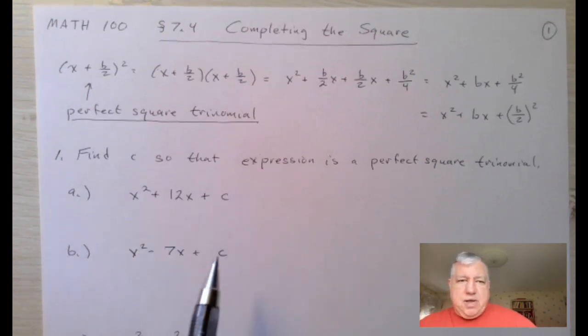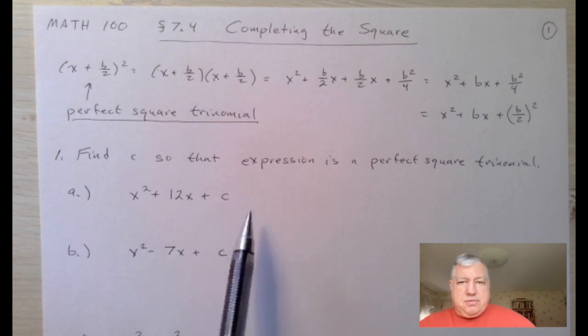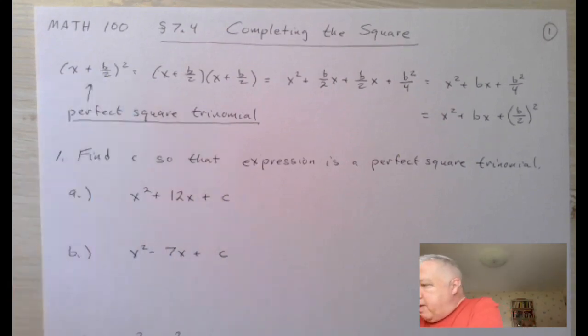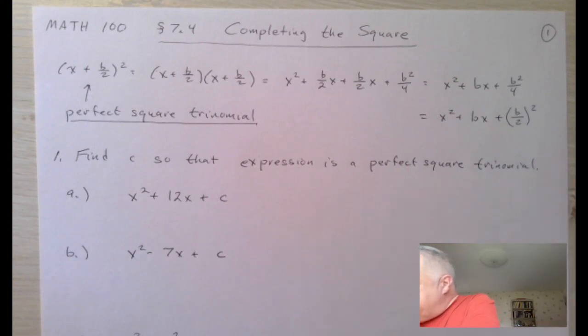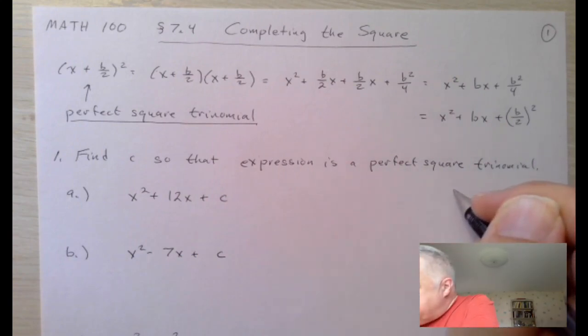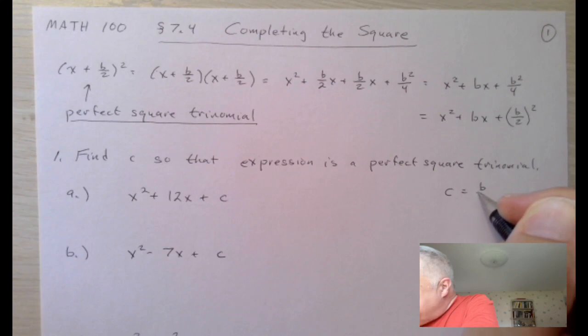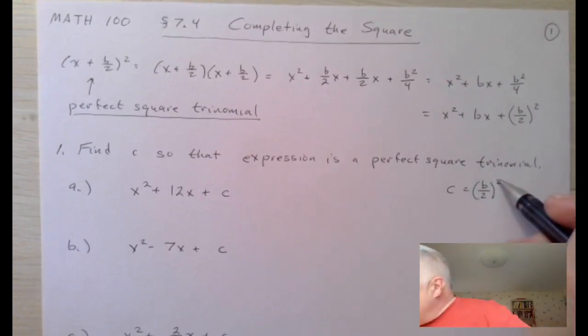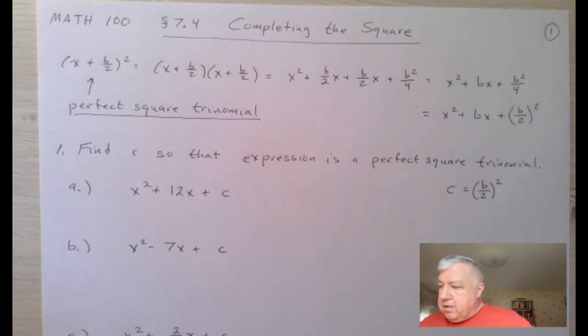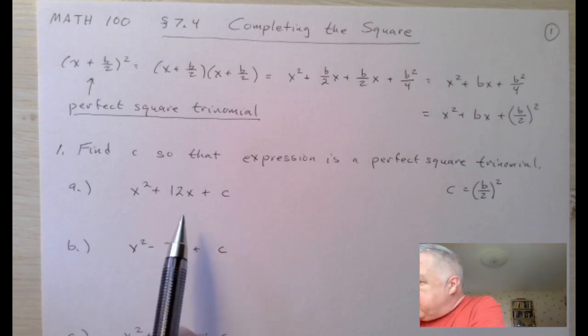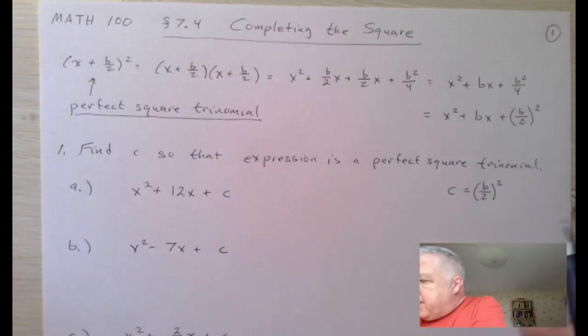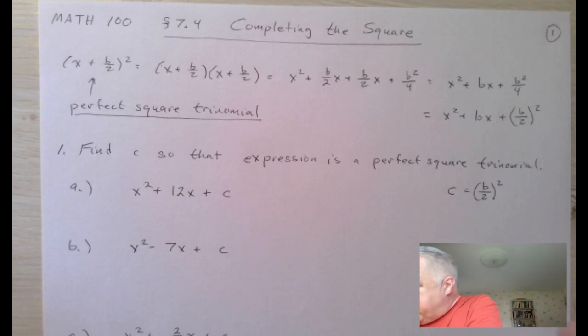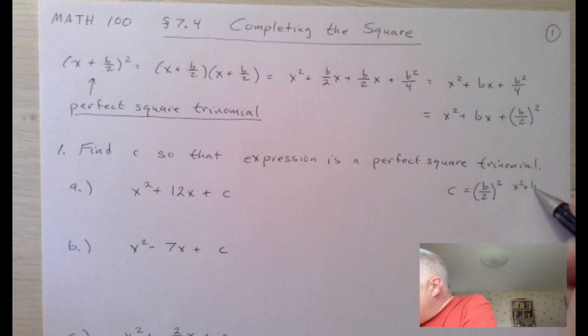The idea is that whenever you have x squared plus a number times x, you can add some number c that makes it in this form. And c is going to be b over 2 squared, where b is the coefficient of the x term, for x squared plus bx plus c.